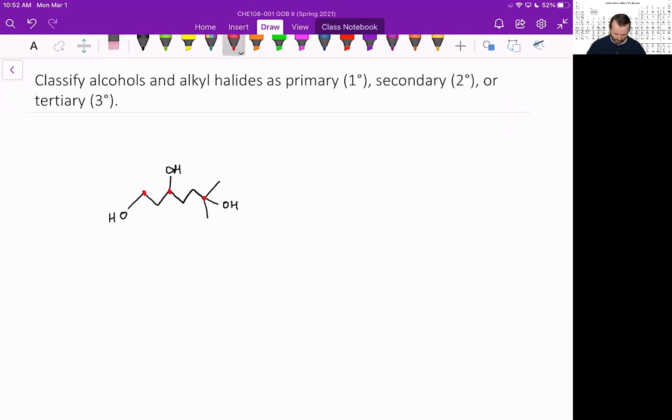Therefore, that is a primary alcohol or portion. That's a primary hydroxyl group. And there are 2 implied carbon-hydrogen bonds there.